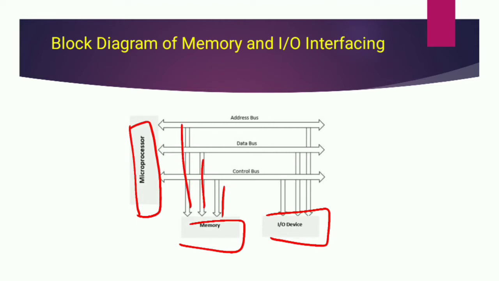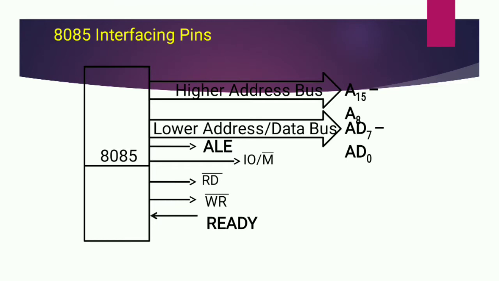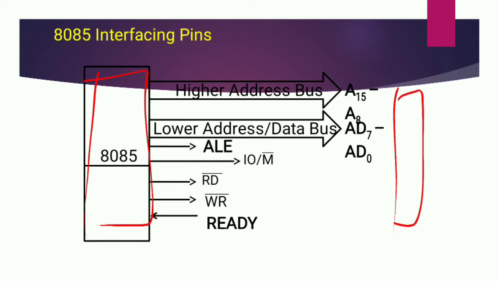These buses are not directly connected with the memory and IO devices, but are interfaced through logic circuits, that is NAND gates, decoders, etc. Here are the 8085 pins required for interfacing. This is the 8085 microprocessor, and suppose there is a memory interfacing.